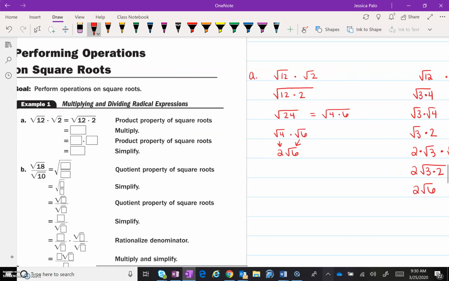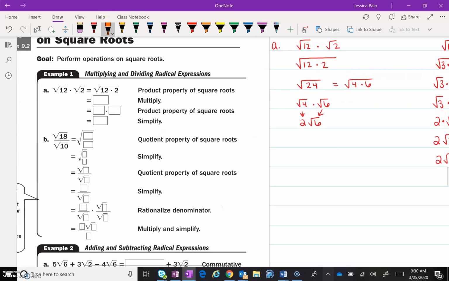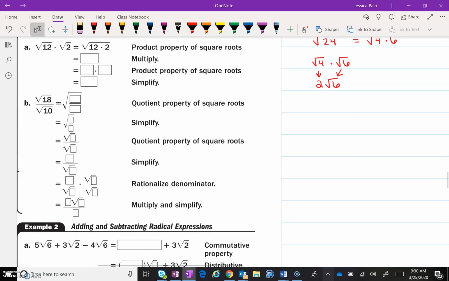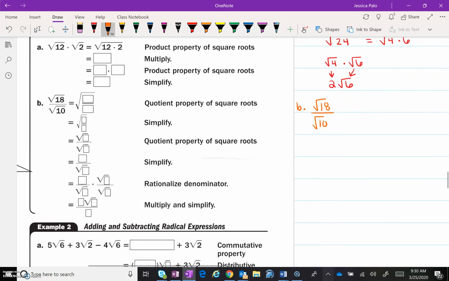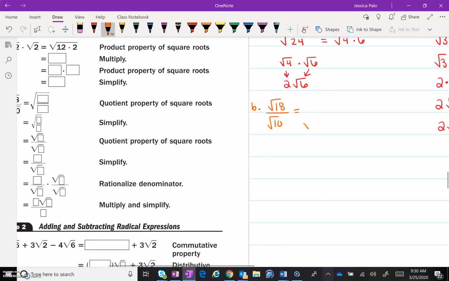Let's look at example B. This is a quotient property problem. If we use the quotient property, we have radical 18 over radical 10. Now we could easily simplify both of these and then simplify some more until we have the fully simplified problem. But the easiest way to do this would be to first put them both inside the radical, one fraction, and notice that 18 and 10, the numerator and the denominator, are both even.